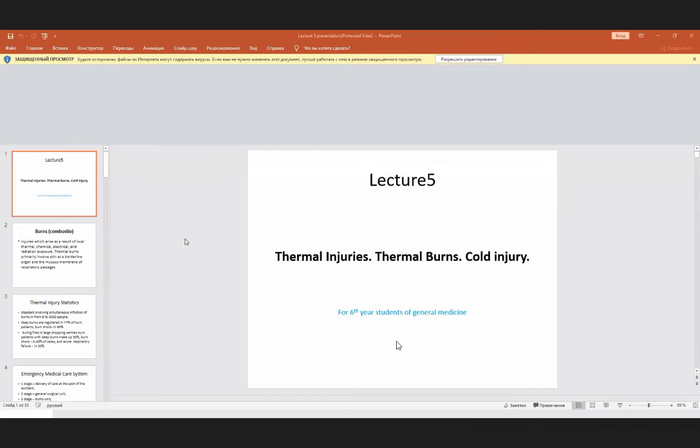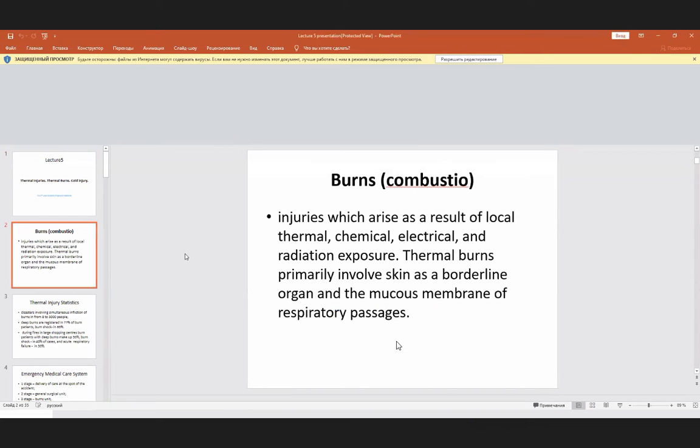Our lecture: thermal injuries, thermal gun, cold injury. So, burn or combustion are injuries which arise as a result of local thermal, chemical, electrical, and radiation exposure.